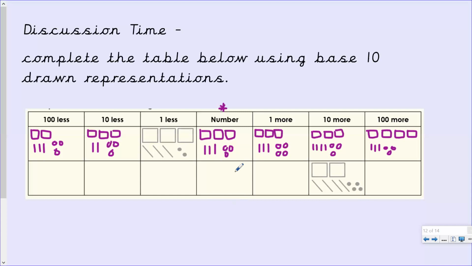Well, this number shows 10 more than my original number. So my original number would have 10 less. So my original number would be 100, 200, and 34.